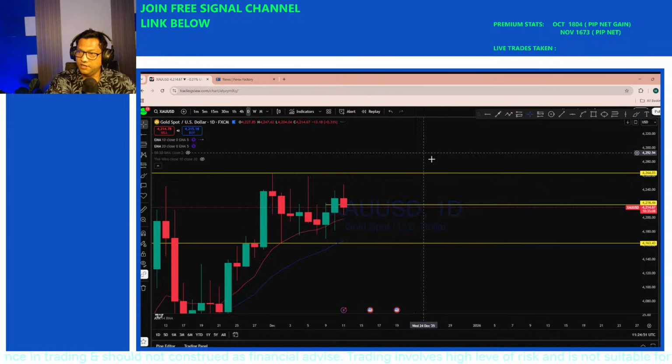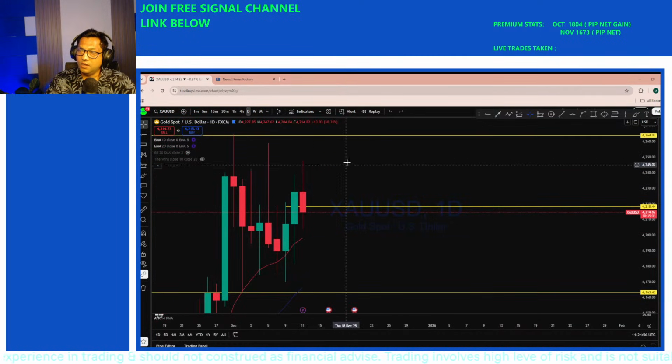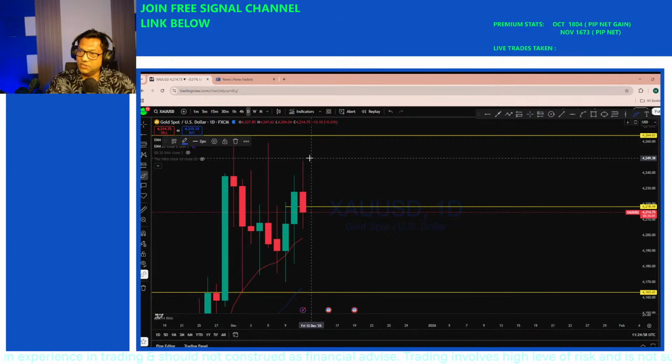And looking at the daily, from this daily high, it's a pretty strong bearish engulfing here on the daily.